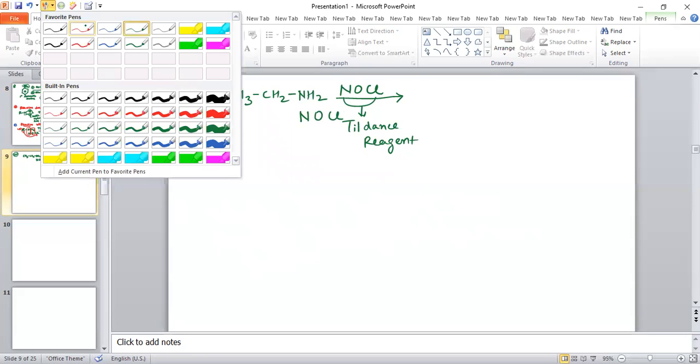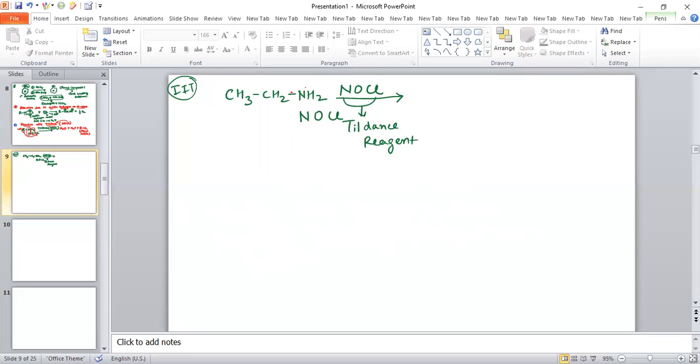Now you can see what happens in this case. First of all, this N2 gas will release, and along with N2 this water will be removed.